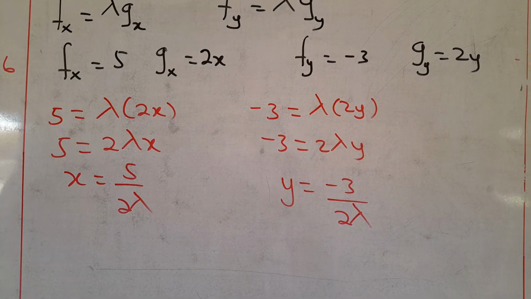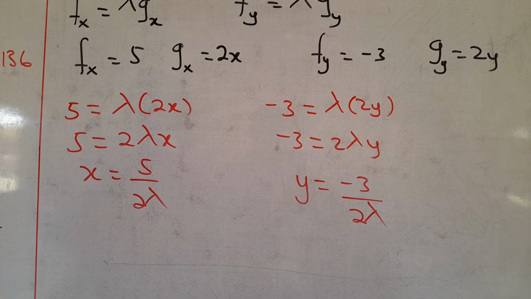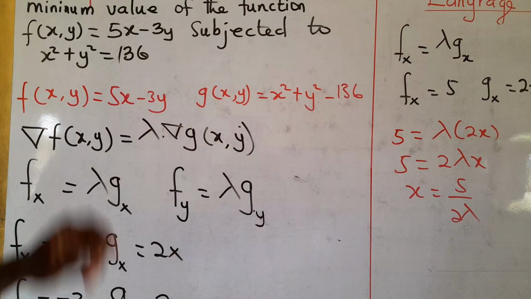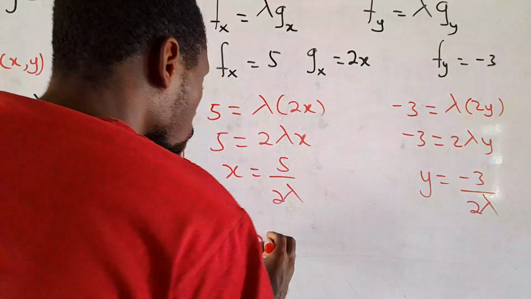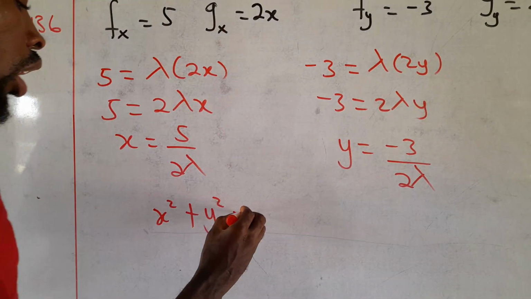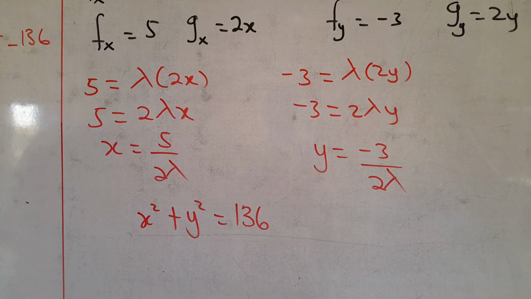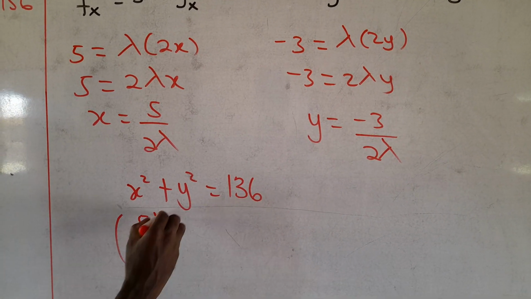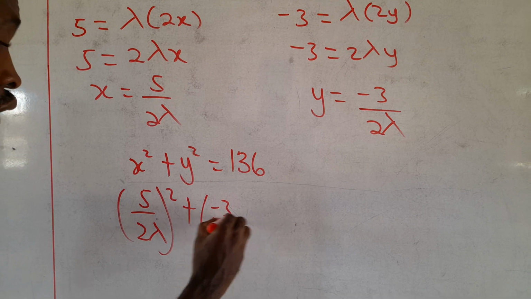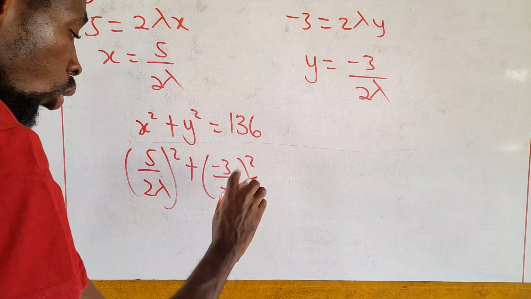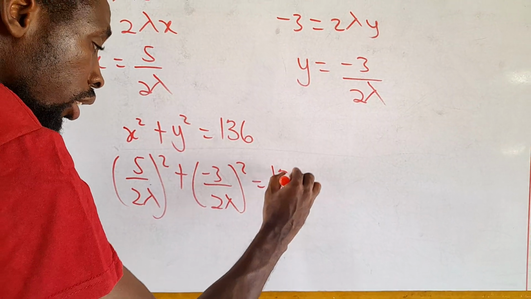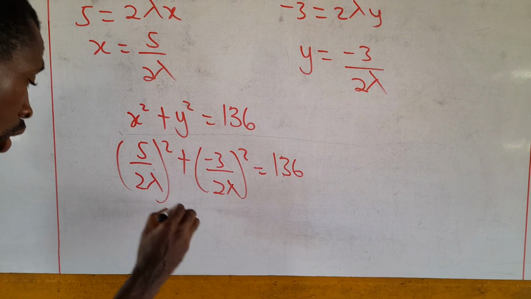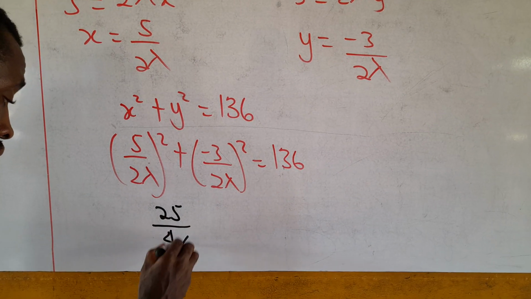So now, since we know our x and y, we substitute it into the subjected function, that's x squared plus y squared equal to 136. So in place of x, we have 5 over 2 lambda all squared plus negative 3 over 2 lambda all squared equal to 136. 5 squared is 25. 2 lambda squared will be 4 lambda squared.